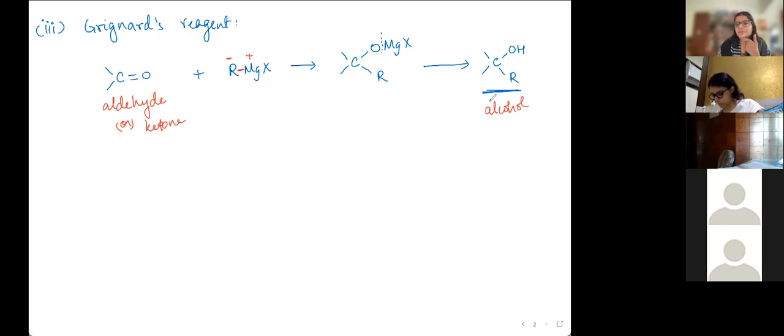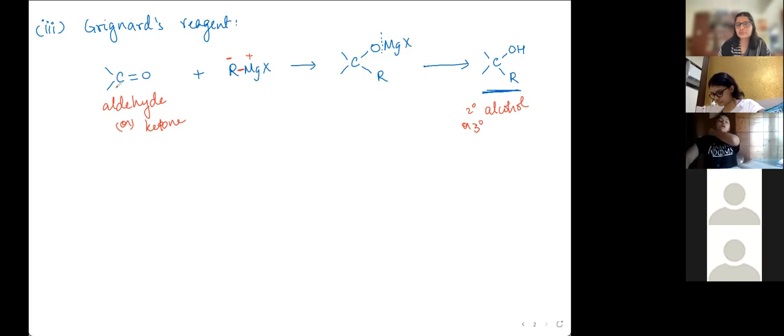So can you figure out any special detail about this alcohol? Special detail, that it's a secondary alcohol. Yeah. So depending on whether you take an aldehyde or a ketone, you always get a secondary or tertiary alcohol.